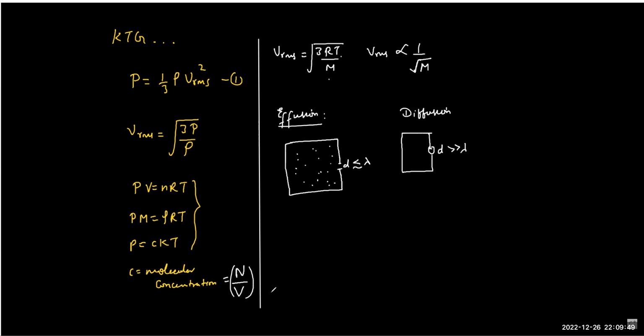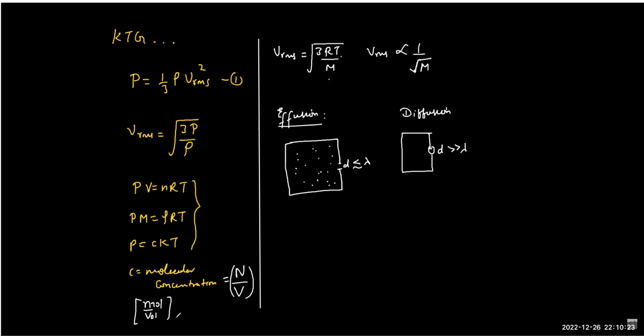So you can think this way, N by V. See, it is not the molar concentration, because in chemistry, what you generally study is N by V, the moles per volume, right? The molar concentration you represent in a square bracket symbol, when you study chemical kinetics or chemical equilibria, right?